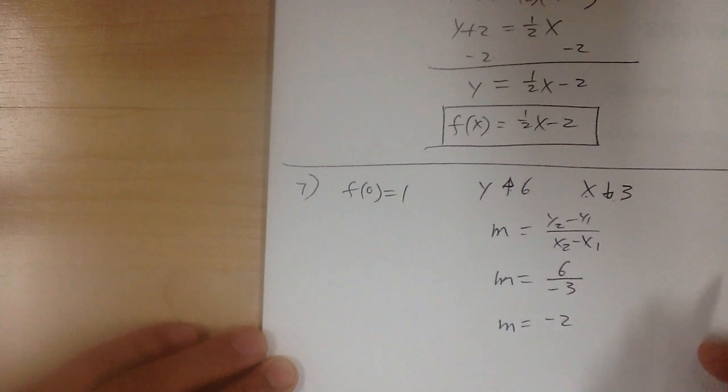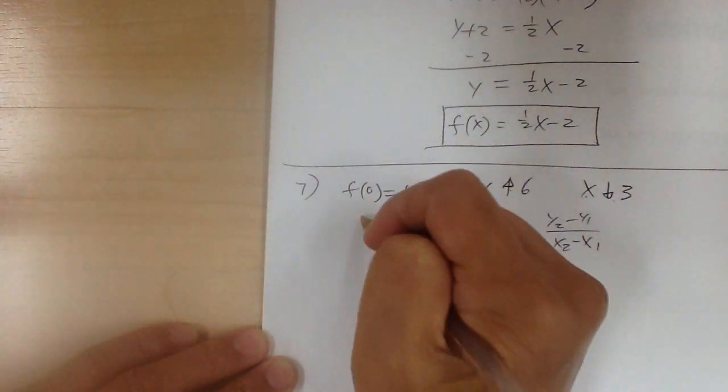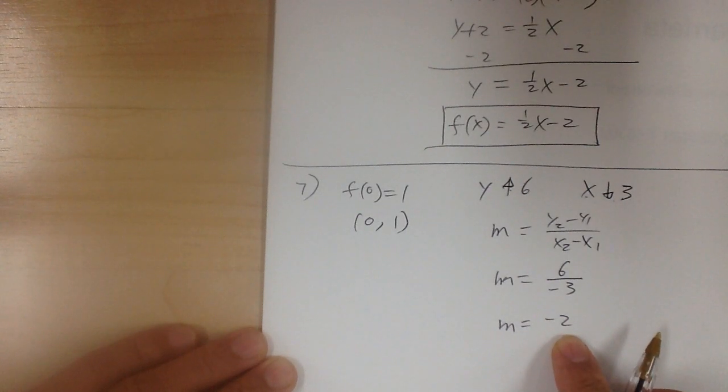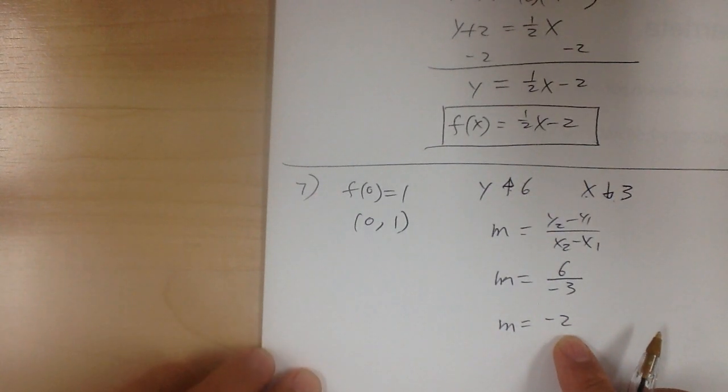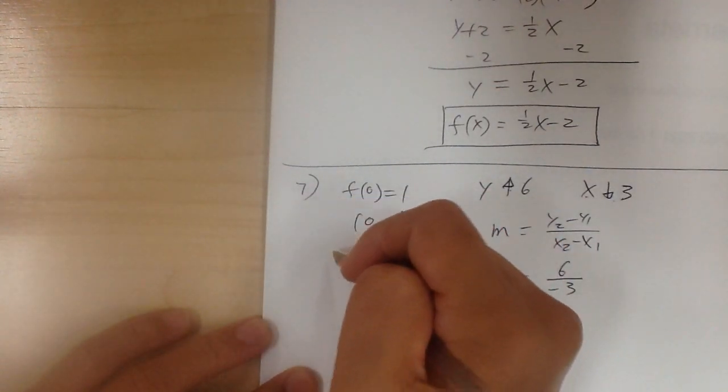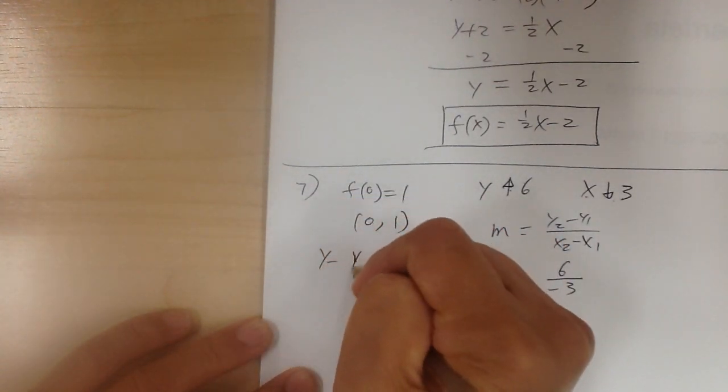Once you have the point (0, 1) and slope equal to negative 2, you can use point-slope form.